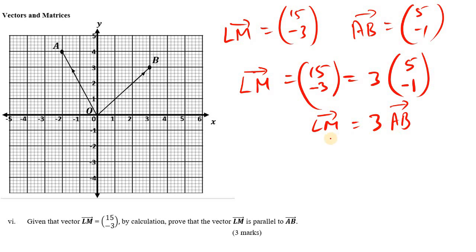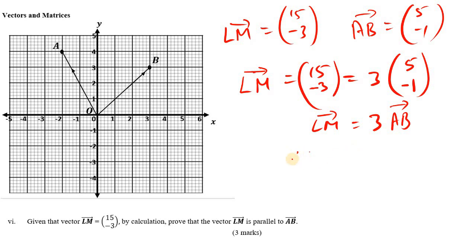Now, once one vector is a multiple of the other, it means that they are parallel, and they share no common point in terms of LM and AB. So it means that they're parallel. Right?